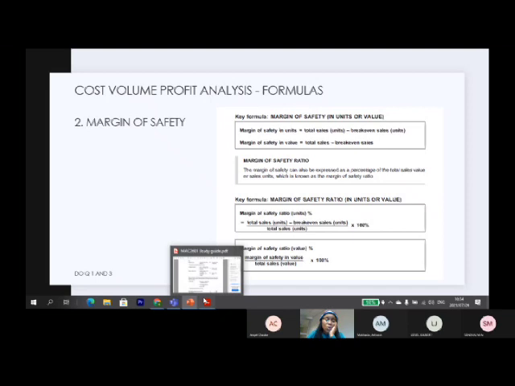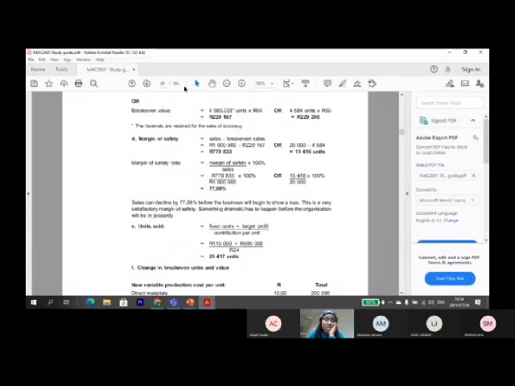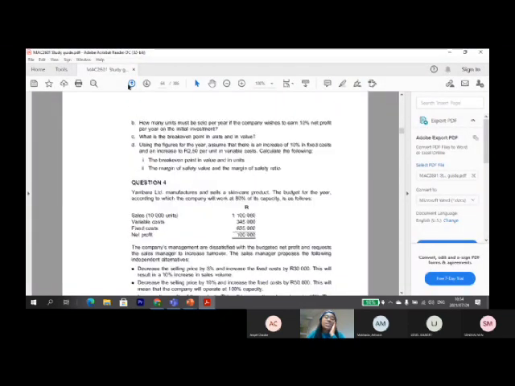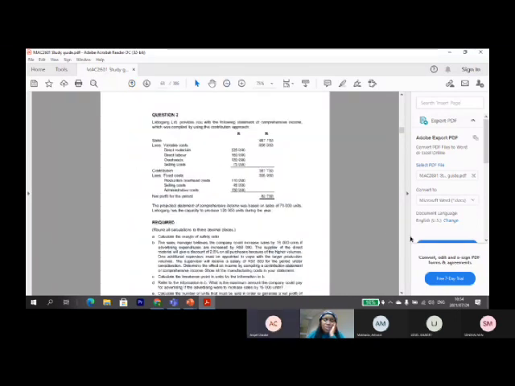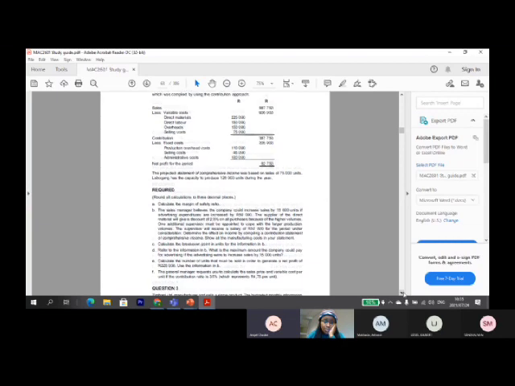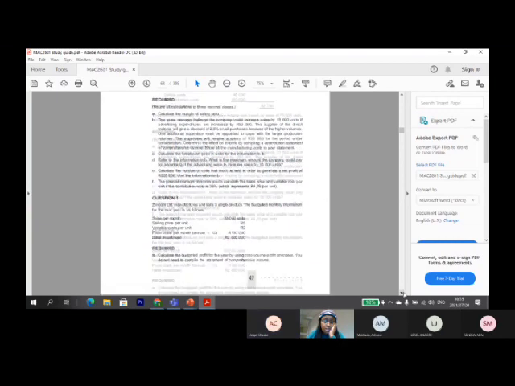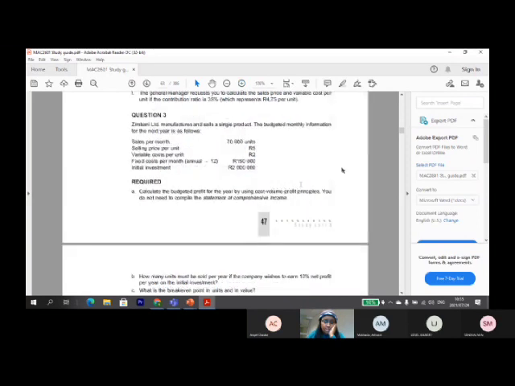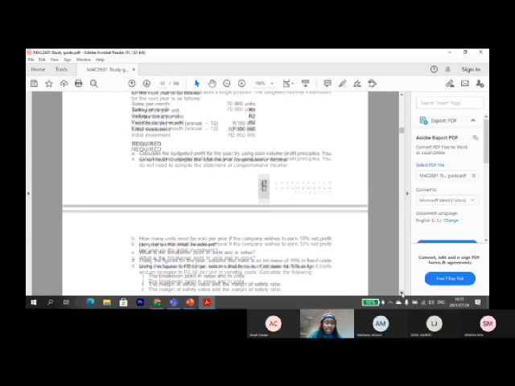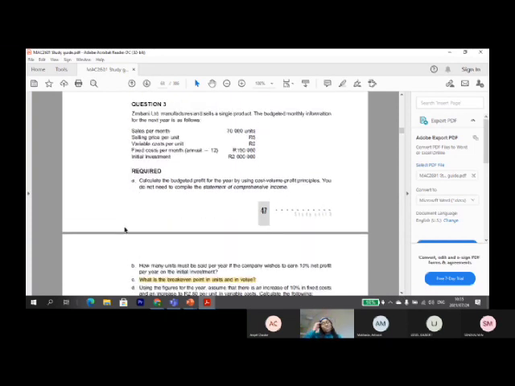Try to work fast, and when I say fast, I'm saying practice. Don't underestimate the questions that we have in here, because it's good practice for you for exam technique. So let's look at question 3. It's the last question for the day.